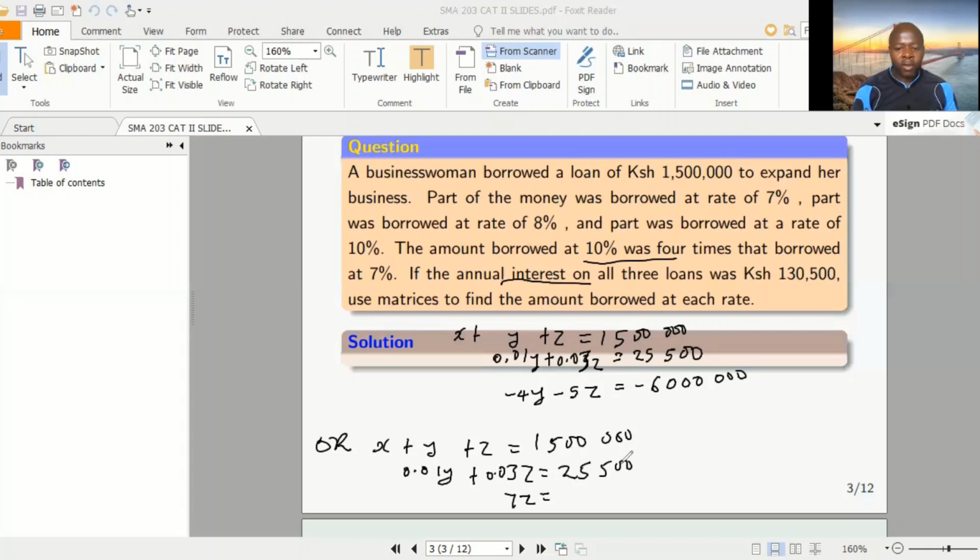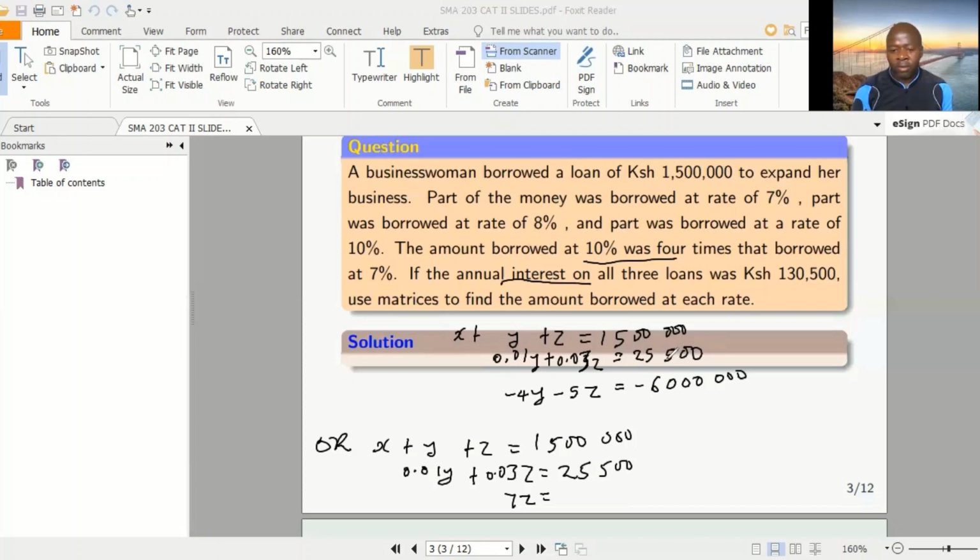Multiply this one by 400 and you do that in the calculator, and then you get 4,200,000.